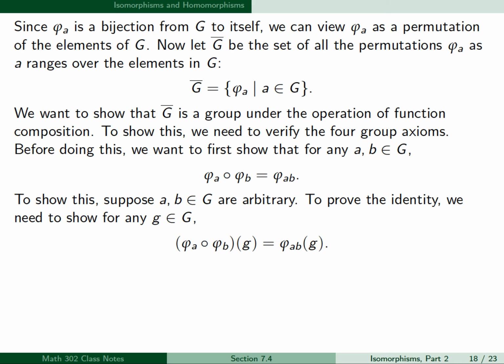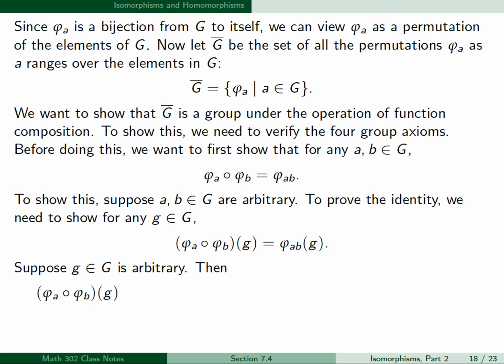So phi sub A, phi sub B, and phi sub AB are all functions. So to show that two functions are equal, to show that the composition phi sub A composed with phi sub B is equal to phi sub AB, we have to show that when you apply them to any element in their domain, we obtain the same result. So let's suppose that g in G is arbitrary.